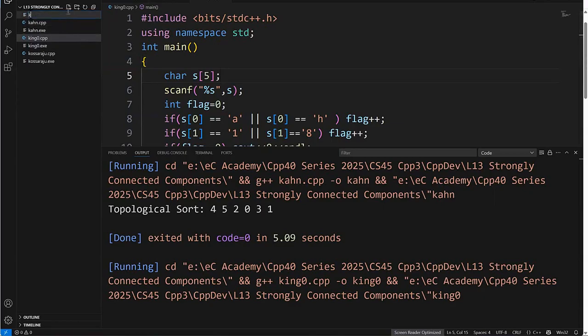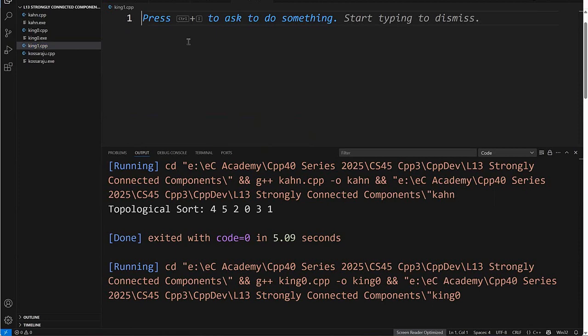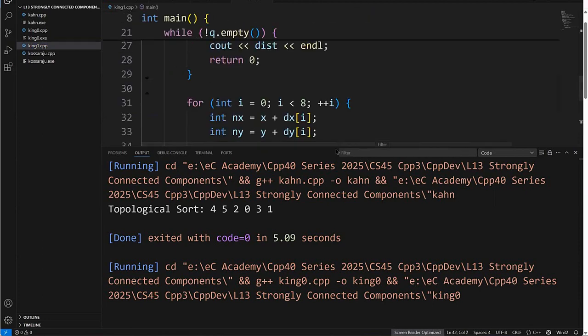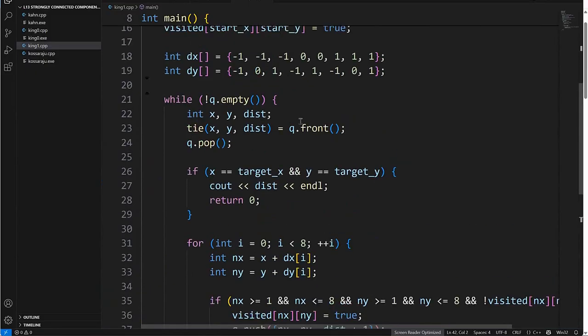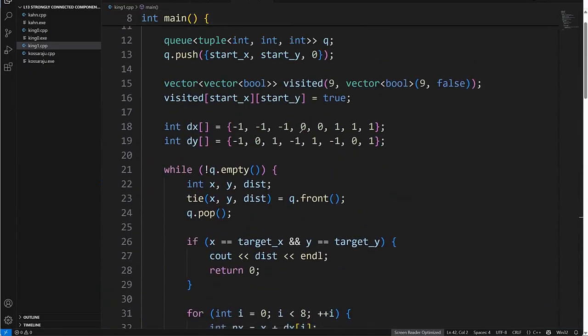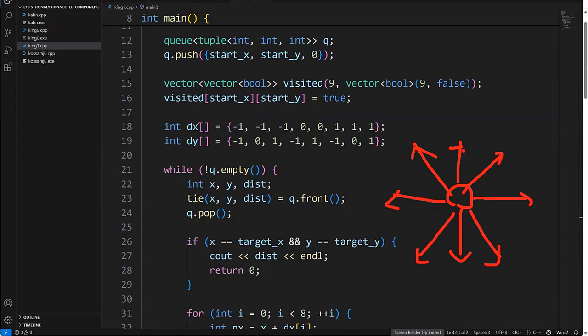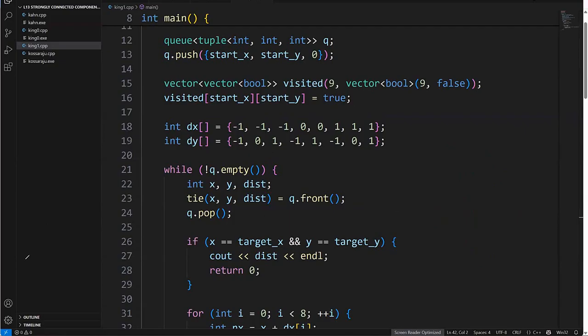Let's put this one into a CPP file. So this one you do use vectors. Each vector you can have a move. So you are here, you can go in directions. So these are the so-called D0 to D7. Okay, you can go D0 to D7. And then your board is actually a vector of vectors.